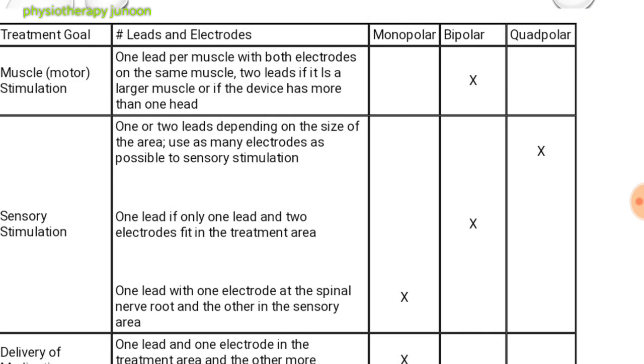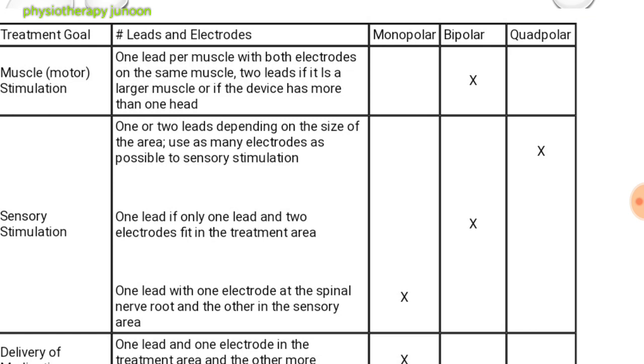Here it is not monopolar or quadrupolar, but bipolar. For sensory stimulation, use one or two leads depending on the size of the area, and as many electrodes as possible. Here no quadrupolar; one lead if only two electrodes fit in the treatment area.